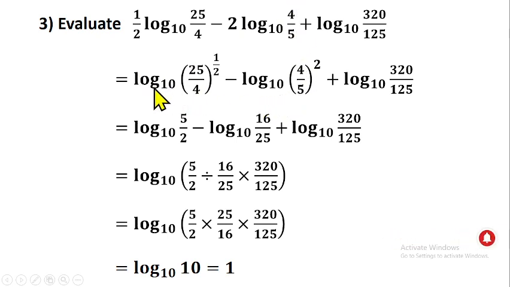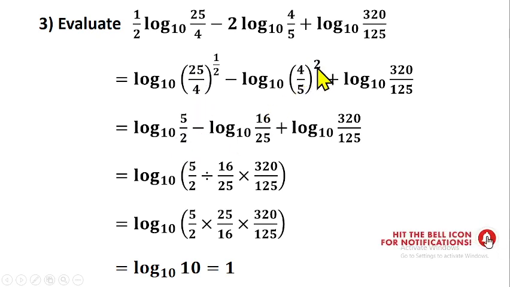So we have log 25 over 4 raised to power half minus log 4 over 5 raised to power 2 plus log 320 over 125. Then you understand what this one literally means. Raised to power half means square root. So you find the square root of 25, which is 5, square root of 4 is 2.